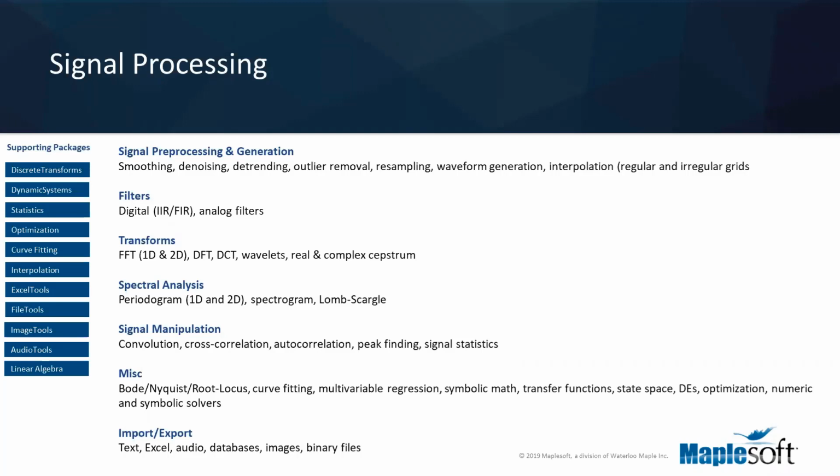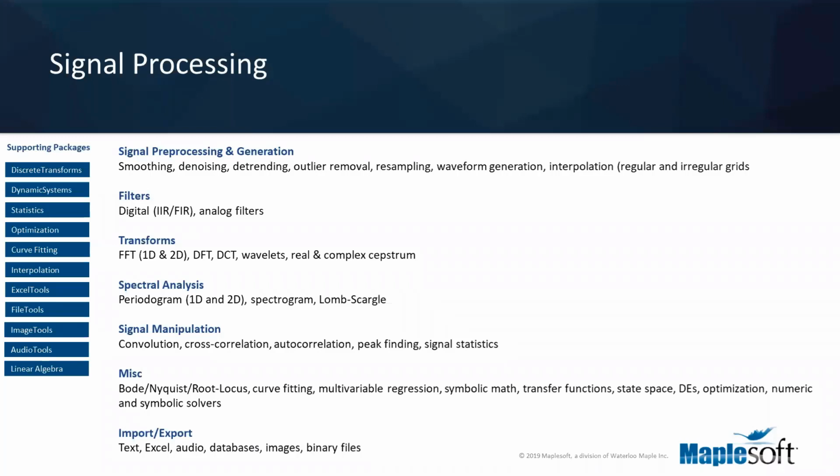There are filter design tools. There are various transform methods, so FFTs, discrete cosine transforms, wavelets, real and complex cepstrums, and more. There's a number of spectral analysis tools, so periodograms, spectrograms.